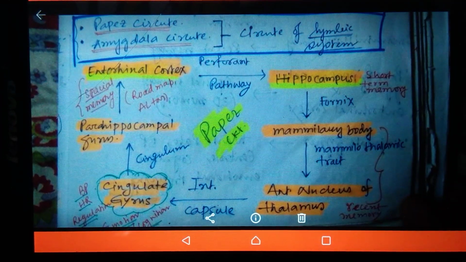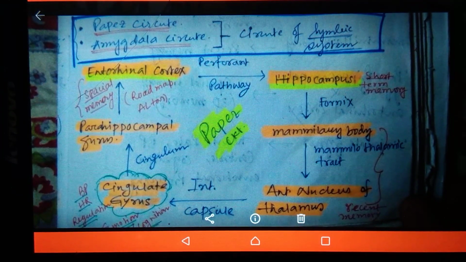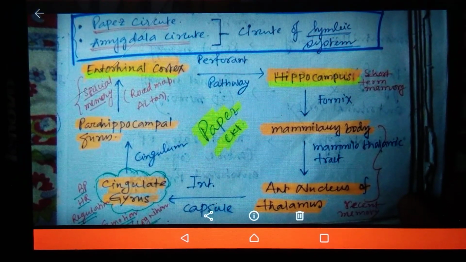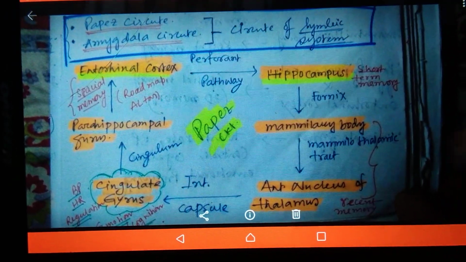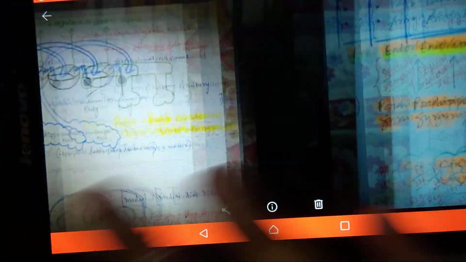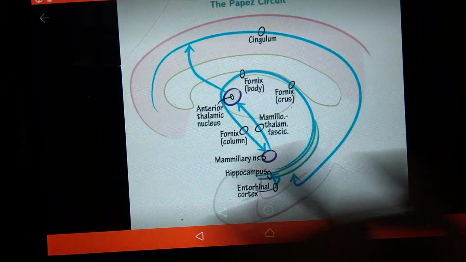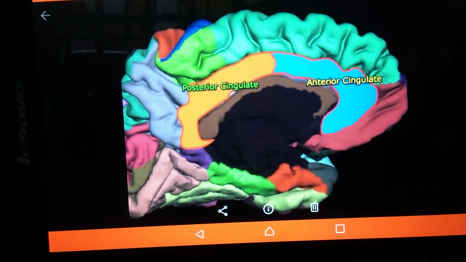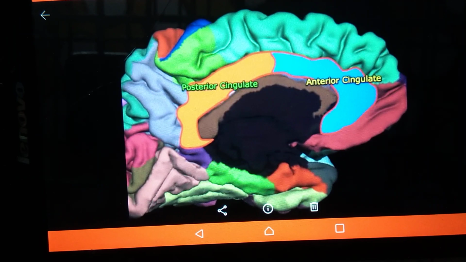One is Papez circuit and another one is the amygdala or amygdaloid circuit. Papez circuit is mainly related with our emotion and memory, and amygdaloid circuit is mainly related also with emotion. Actually, Papez circuit is mainly for memory and amygdaloid circuit is mainly for correlating the memory with emotions.